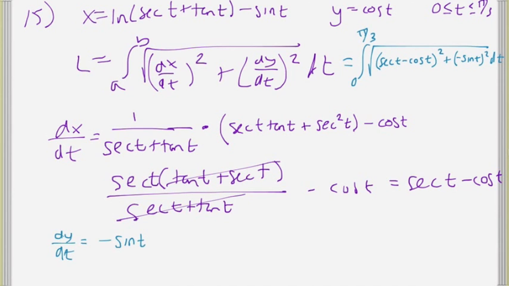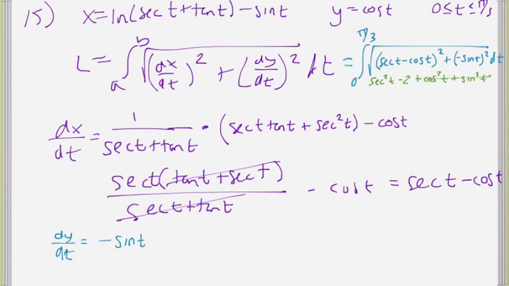If you start to do some trig stuff on this, some nice stuff actually happens. When I square out this thing, I get secant squared minus 2 secant cosine, but secant cosine is just 1, plus cosine squared plus sine squared.